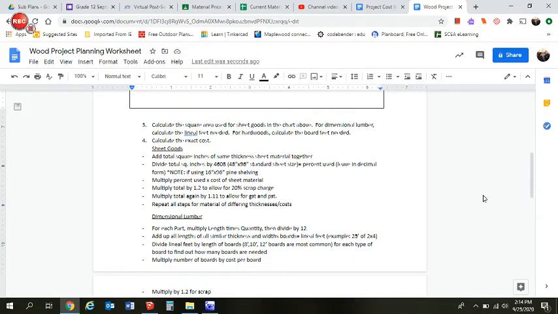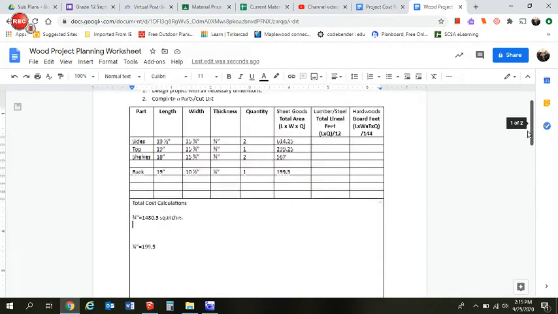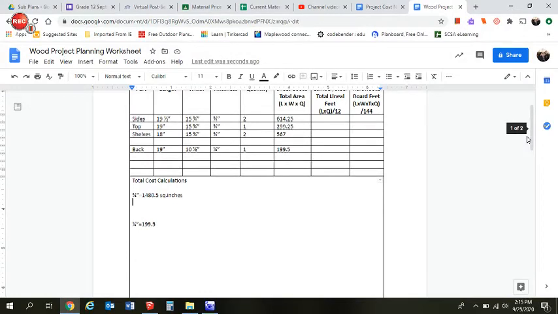So 4,608 square inches in a sheet of plywood. So what we're going to do is figure out a percent, just like on a test. We're trying to figure out the percentage of the sheet that we need for this project, because I'm charging you the exact cost of what you use with a little bit of scrap added, and we'll get to that, not for the entire sheet.